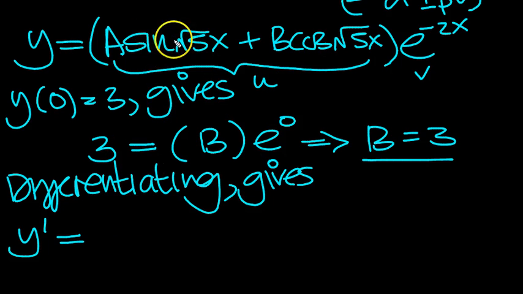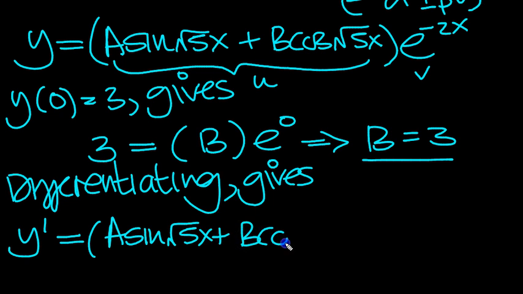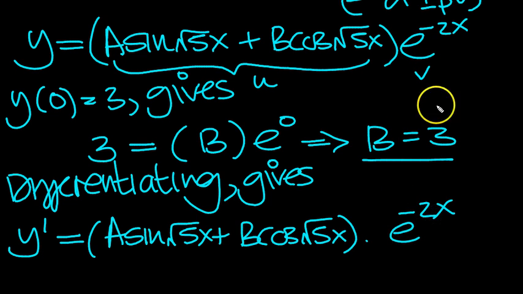So the sine of something goes to cos of something multiplied by the something differentiated. So the root 5 will pop out. So y dash then equals u, which is a sine root 5x plus b cosine root 5x, that's u, times dv/dx. e to the something goes to e to the something, multiplied by the something differentiated, so the minus 2 can come down to ground level here.